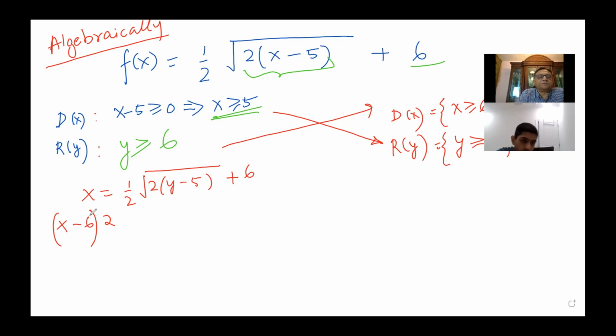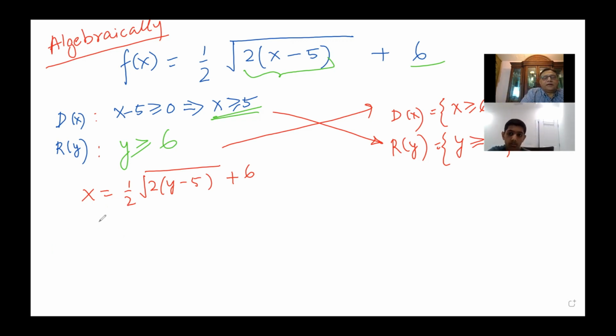Correct. And then you square each side. And then you divide each side by 2.